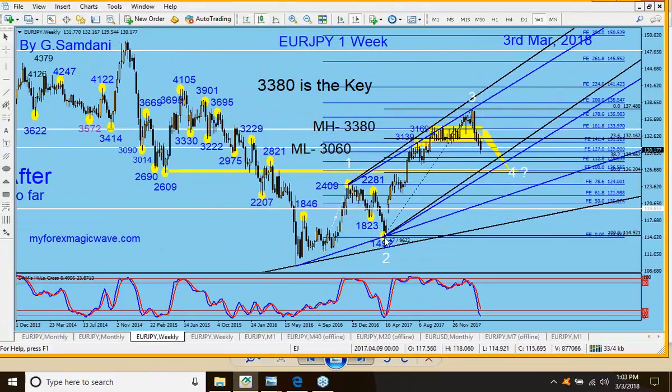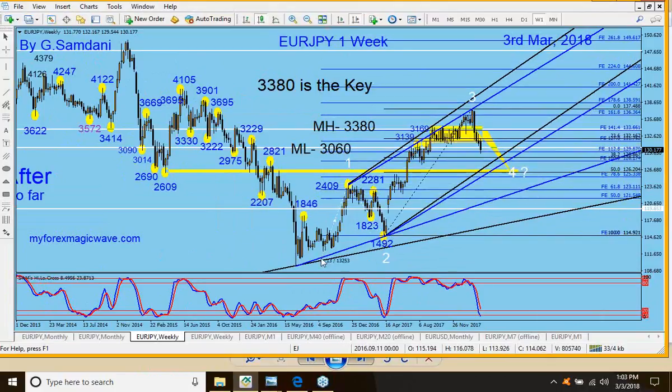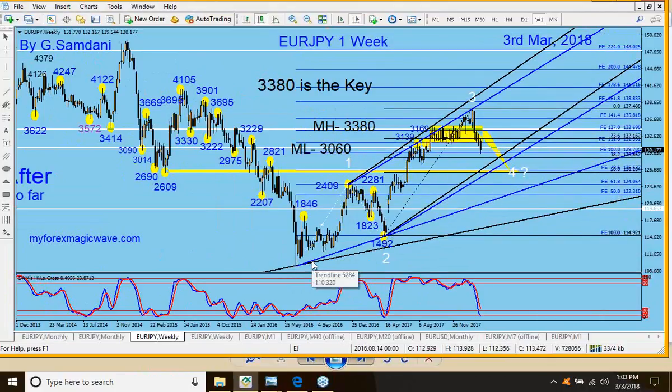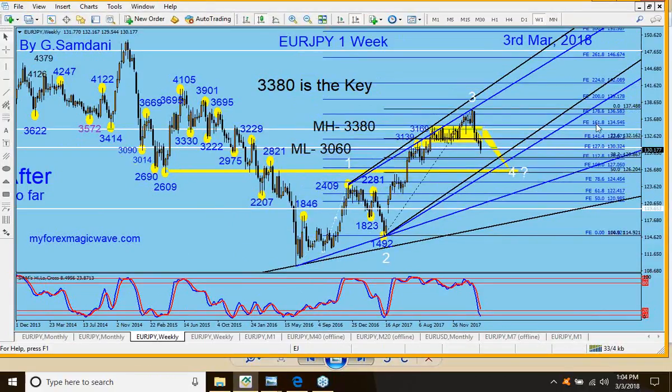Is it 1.618, more, less? If we take it from here, notice it is the 141.4% area, and from here the 1.618 and 1.78 is right here. Price hit that. It is a confirmation that this is the end of wave 3, and then you wait for a reversal.